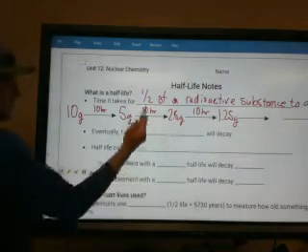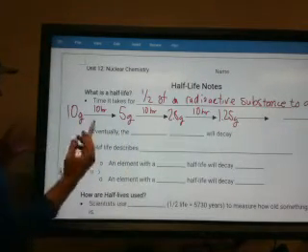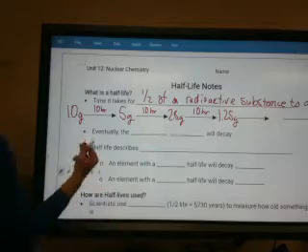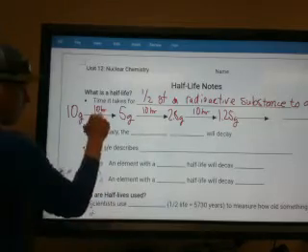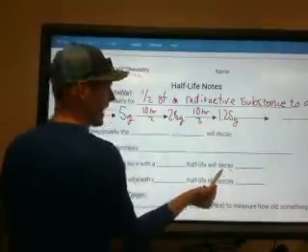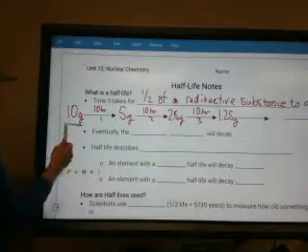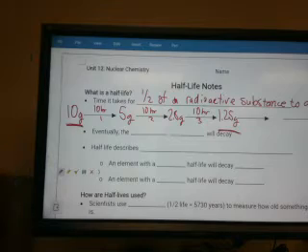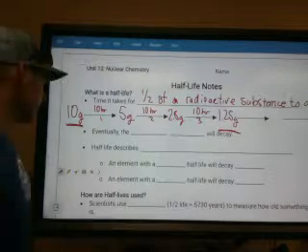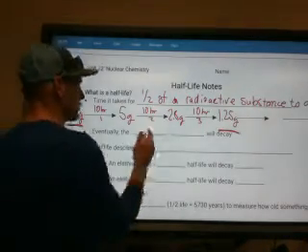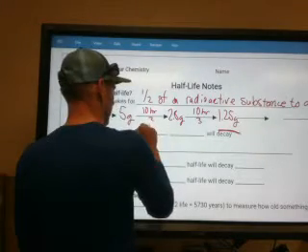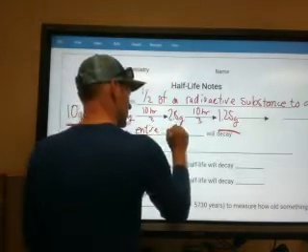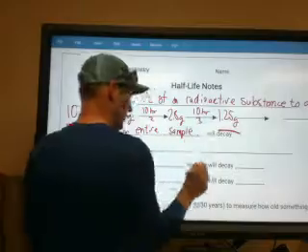If you want to look at this with the wider lens, you could say that after 1, 2, 3 half-lives, starting with a 10-gram sample, you would wind up with 1.25 grams of that radioactive substance. So eventually, the entire sample will decay.